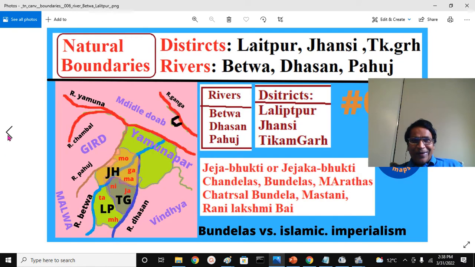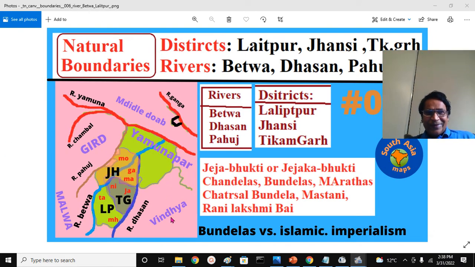We looked at the fascinating Yamuna-par regions, the Vindhyas, the Malwa, the Gird, Lashkar Plains, the Middle Doab, that is Etawah, Mainpuri, Auraiya, and all those districts, Fatehpur here. The rivers, we saw the three rivers, the Betwa river, Dhasan river, Jamni river, I am not showing here, Pahuj river, and Chambal and Yamuna as landmarks of the Bundelkhand region.